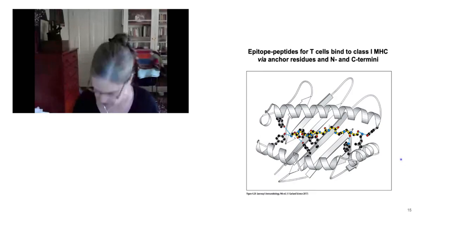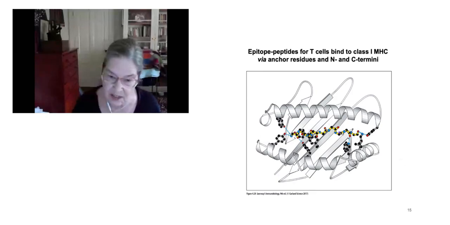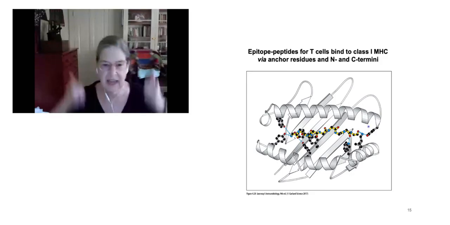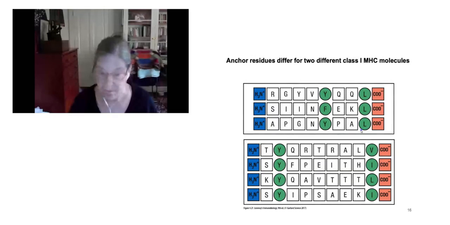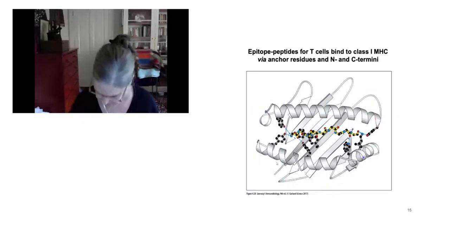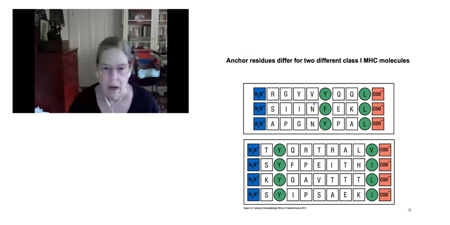So that's a good way to picture it in your mind. And meanwhile, these side chains here are sticking up. And so the T cell receptor is going to be recognizing both of these helices and parts of this peptide. Okay, so these are anchor residues for particular MHC molecules.